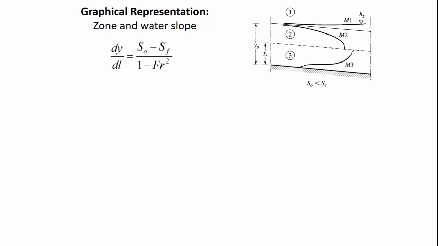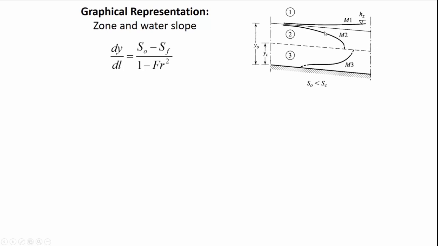So M3 means normally it would be flowing subcritical because this is a subcritical slope. But now here the water is in the supercritical zone. If your depth is below the critical depth, that means right now the flow is supercritical, and it shouldn't be. So what causes that? An underflow gate, right.